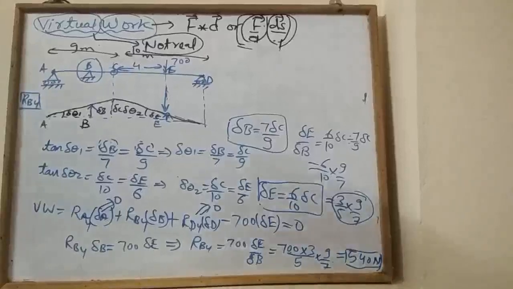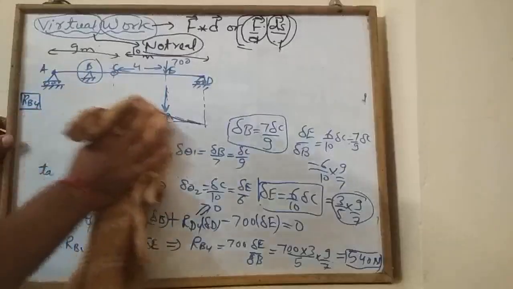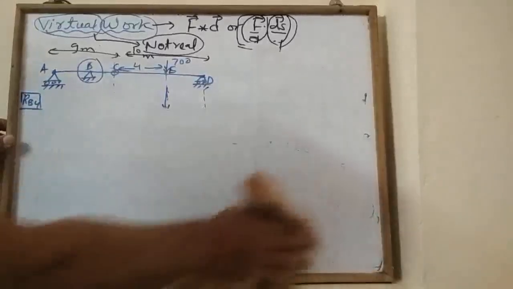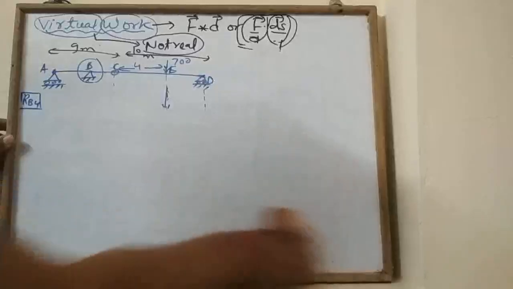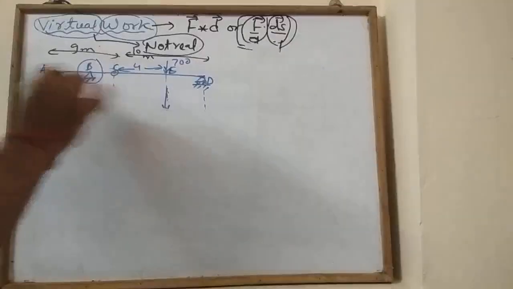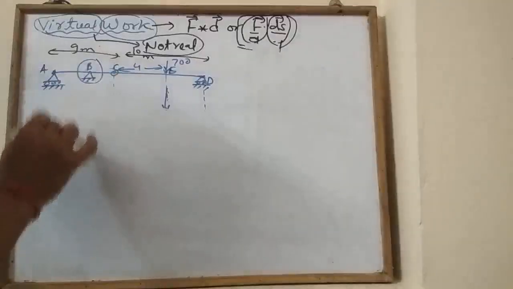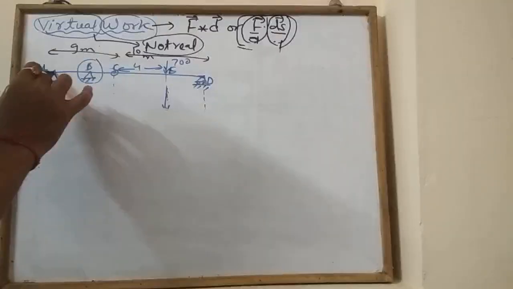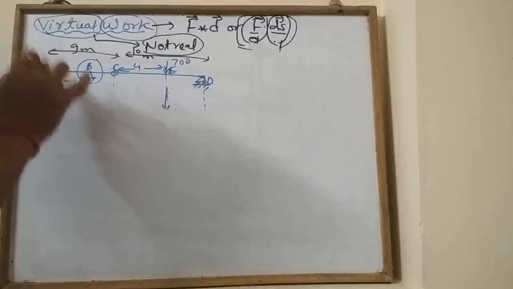Now for the support reaction at A, this is the support reaction at B. Support reaction at B was RBY, RBH was 0. If the support reaction at A is to be calculated, then what will be the kinematically admissible displacement diagram for this beam? If A is to be calculated, it means point A of the beam should be displaced.